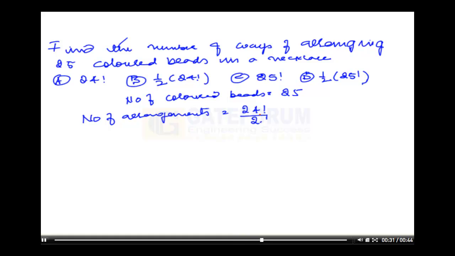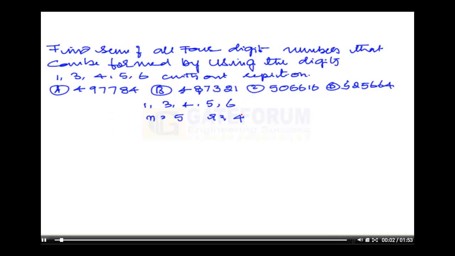Assuming that all beads are of similar color, whether clockwise or anti-clockwise, it cannot be distinguished. So the number of arrangements will reduce to 24 factorial by 2.